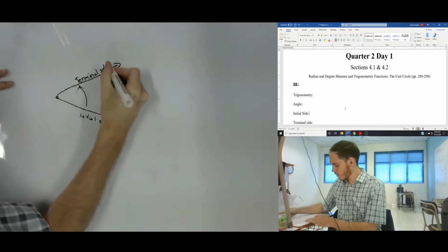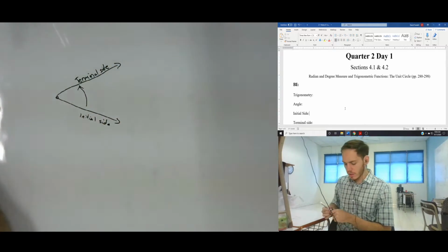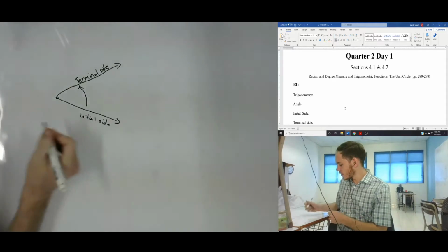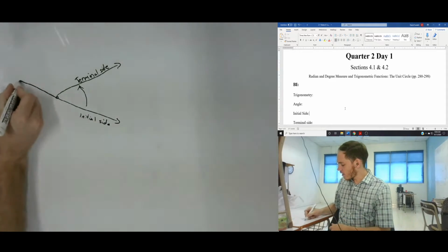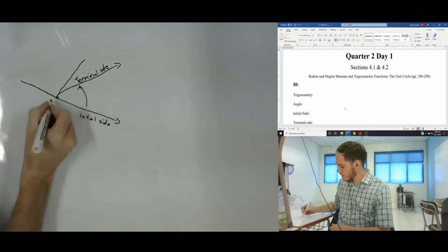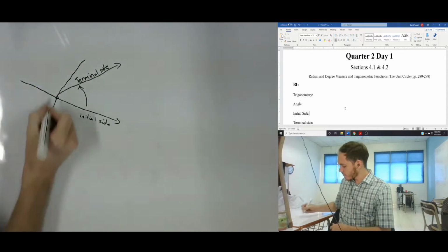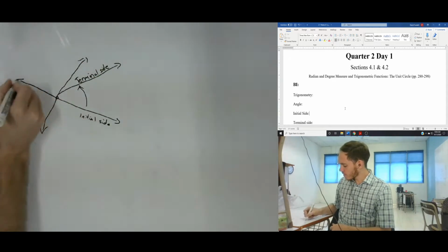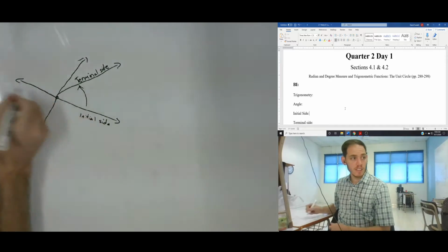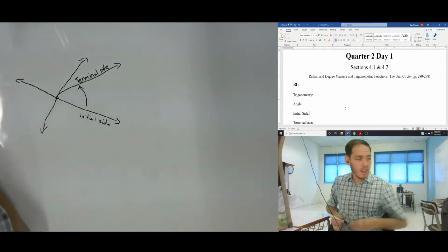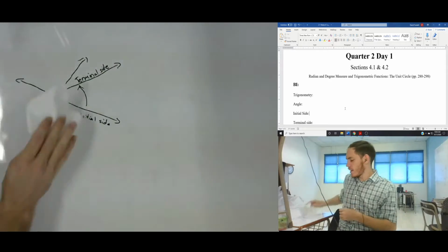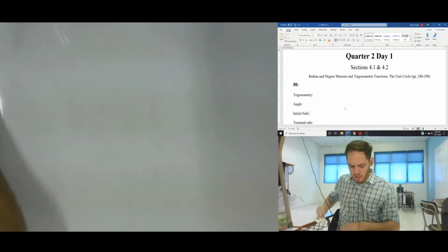Initial side usually is on our x-axis. Sorry, this is going to look bad. Usually, our initial side is the horizontal axis in the right quadrant.